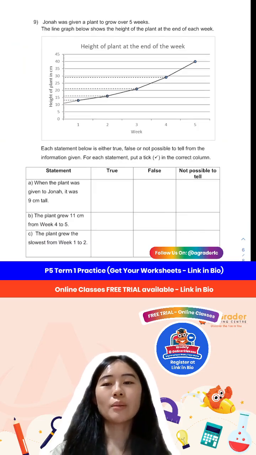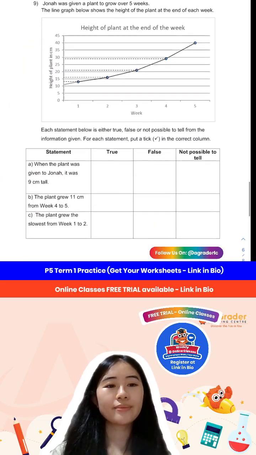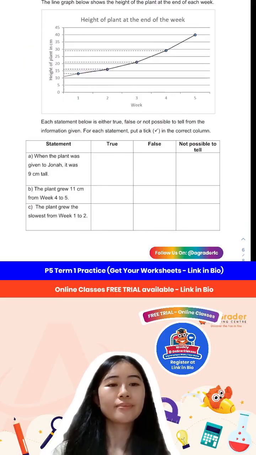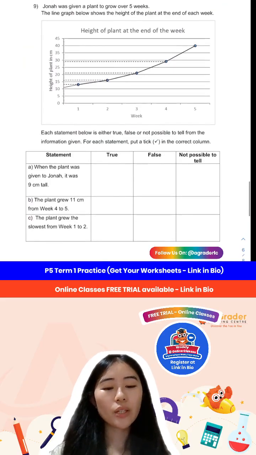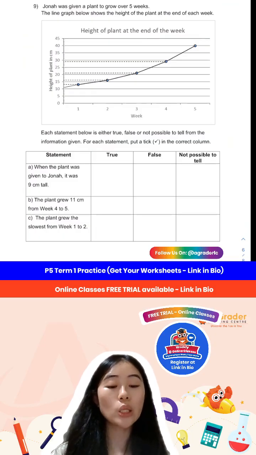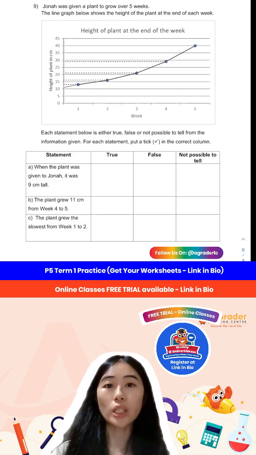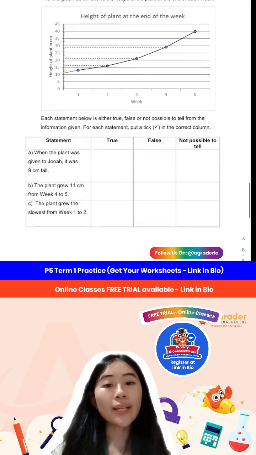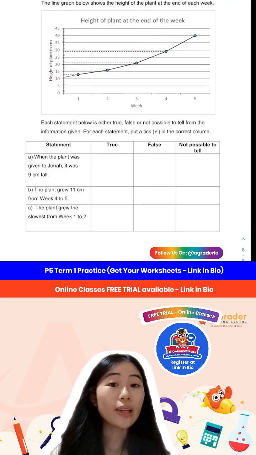Next one, we have a line graph question. Jonah was given a plant to grow over 5 weeks. The line graph below shows the height of the plant at the end of each week. For any graph question, we recommend that you write down the values in the graph first.